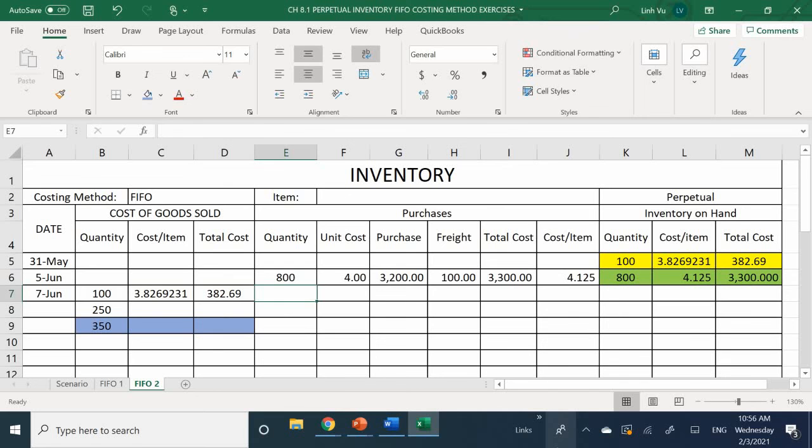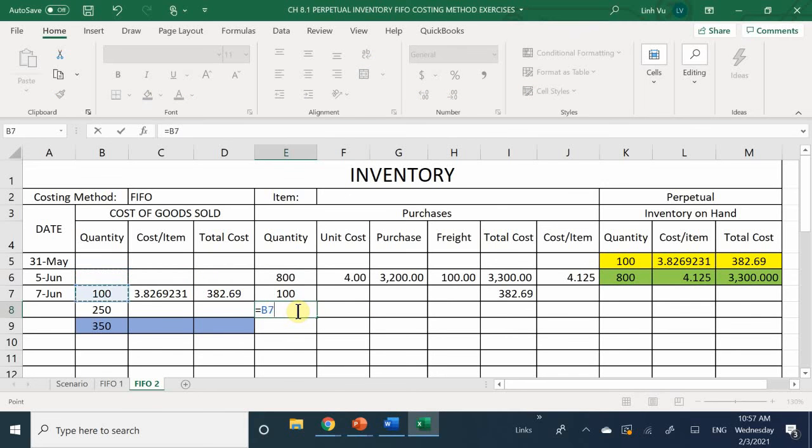So what you can do is, again, I'm going to pull the information from, what was it? The 100, at 38269. And I'm going to subtract those numbers out to make sure I know that I should have 0 at the end of the day.